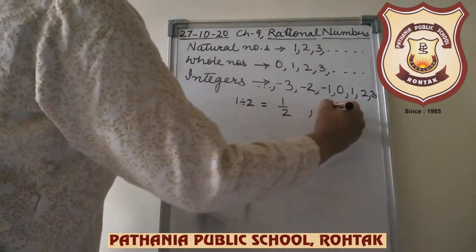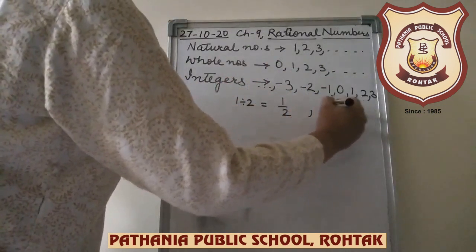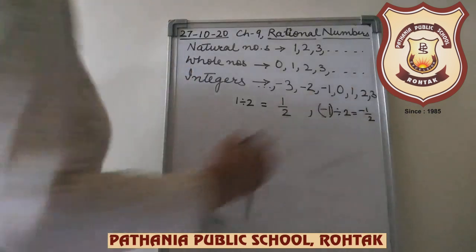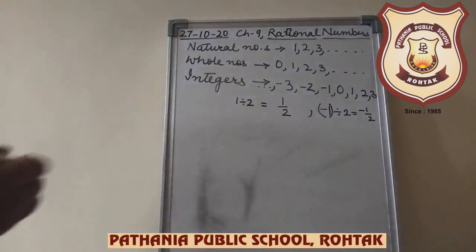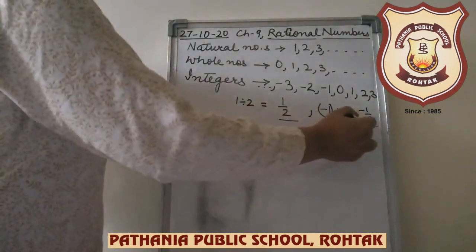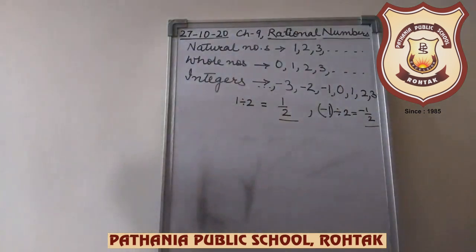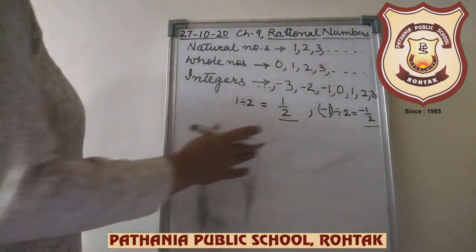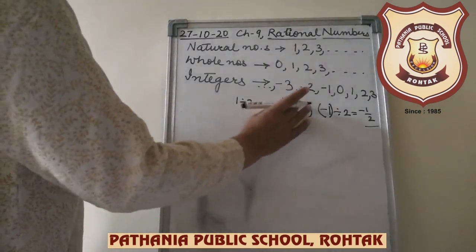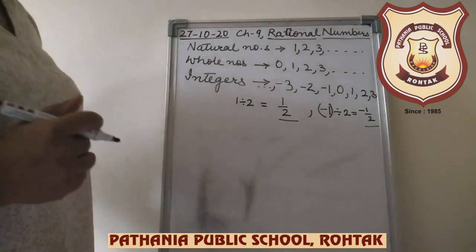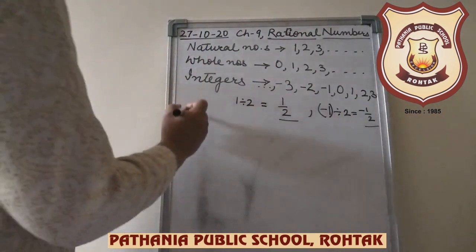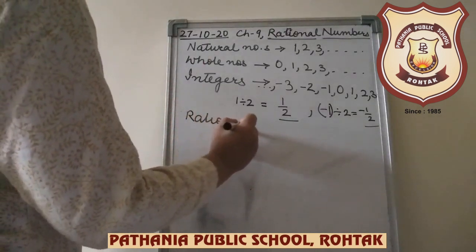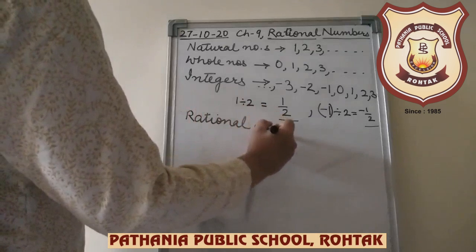Now suppose I have minus 1 divided by 2, I'll write this as minus 1 upon 2. So both of them don't belong to any of these categories. So we call such numbers, where these can also be included, rational numbers.